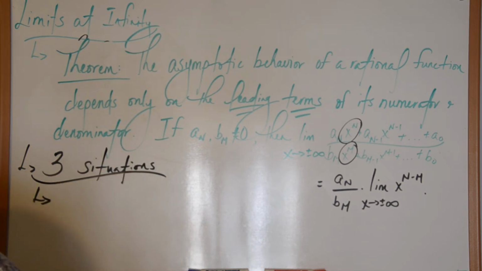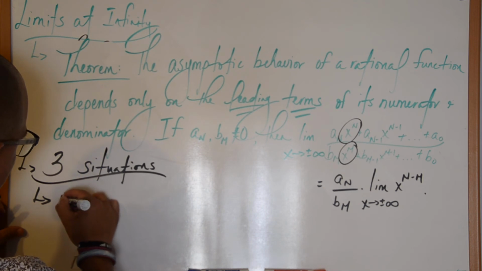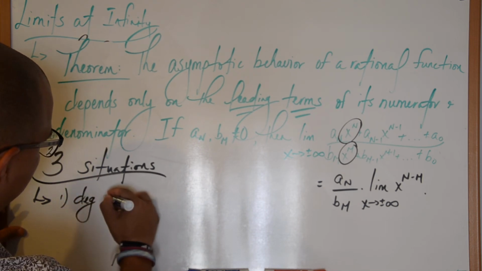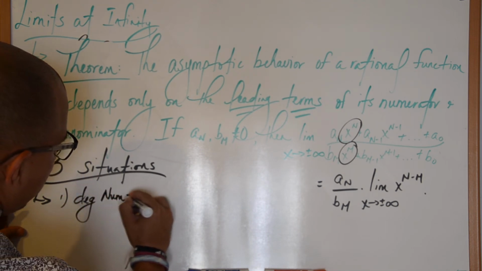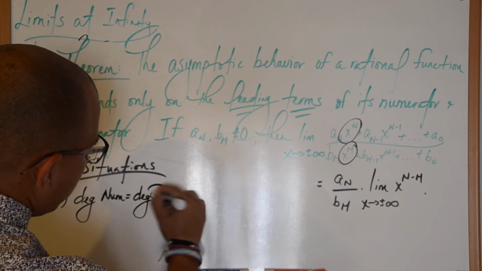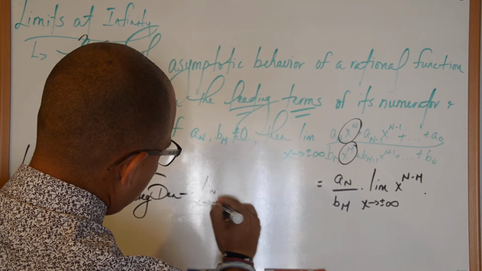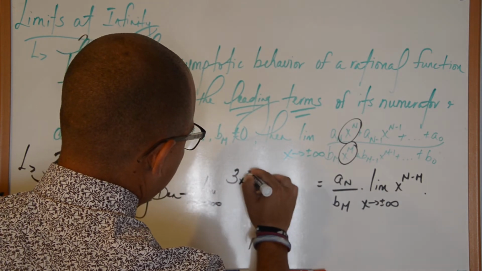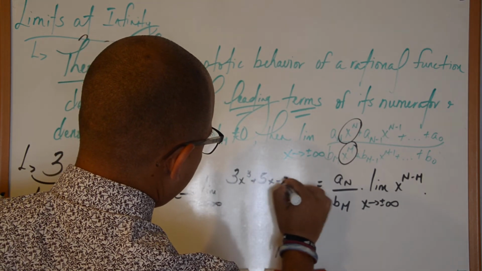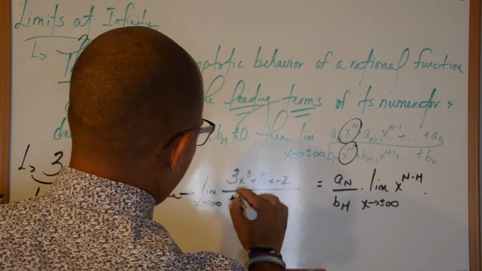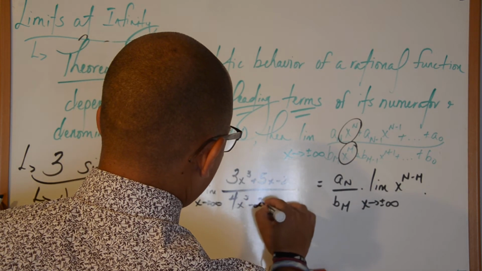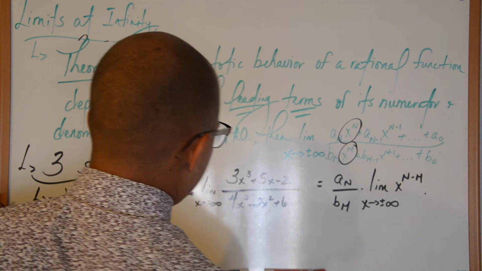Right, so let's say we have the degree of the numerator is equal to the degree of the denominator. 3x cubed plus 5x minus 2 over 4x cubed minus 2x squared plus 6.